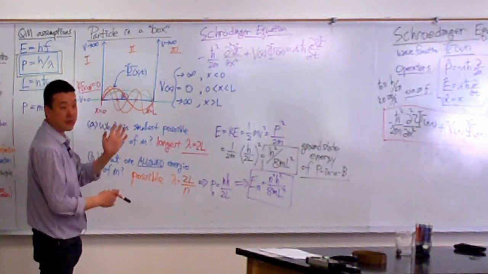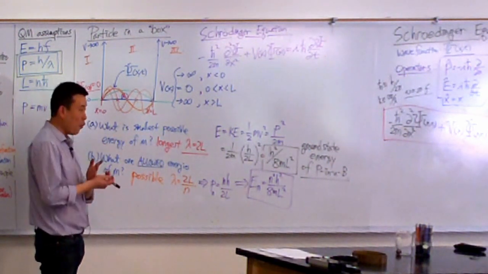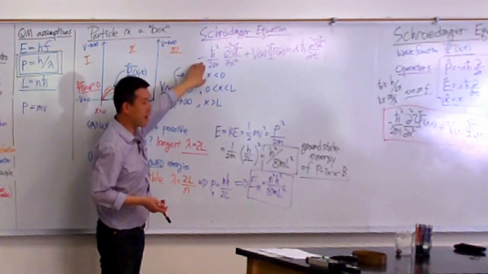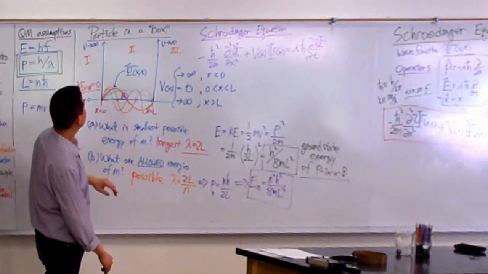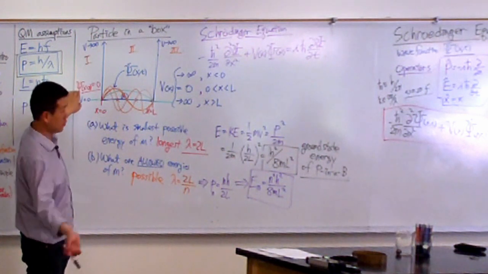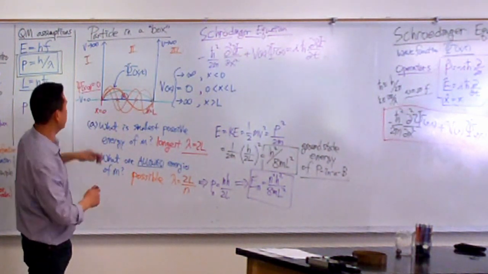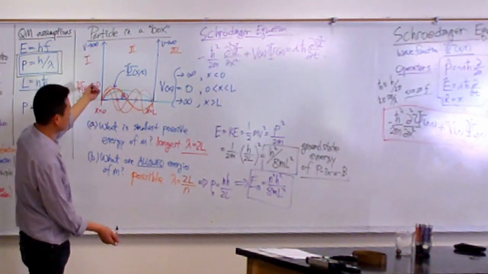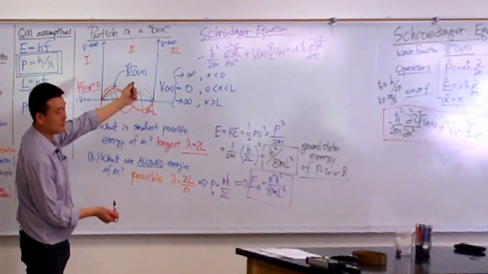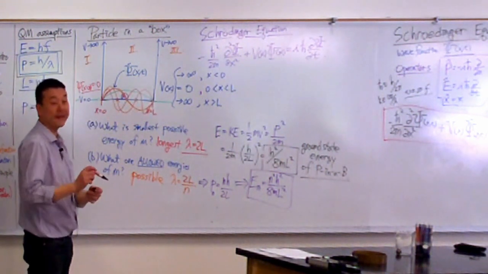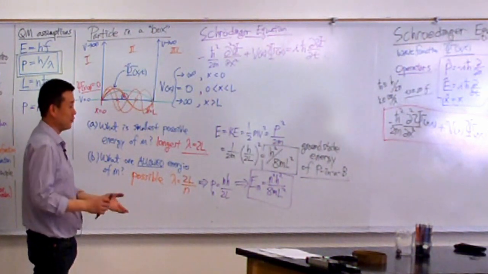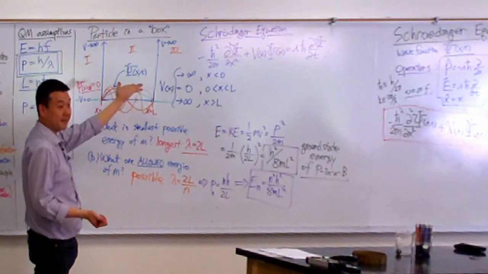Now we have a mathematical justification. The only way the Schrödinger equation can come out reasonably with this infinite potential is if the wave function here is 0. That's the only allowed value of the wave function. And with that, the Schrödinger equation becomes silly. It just says 0 is equal to 0. Yeah, I guess that is correct, but we don't really need to write that down to know that.